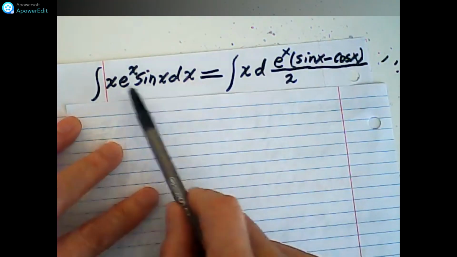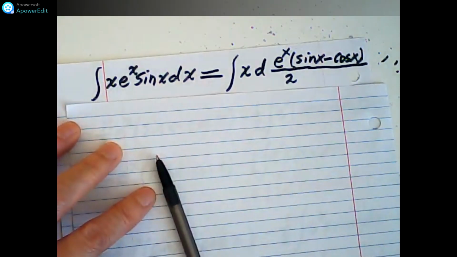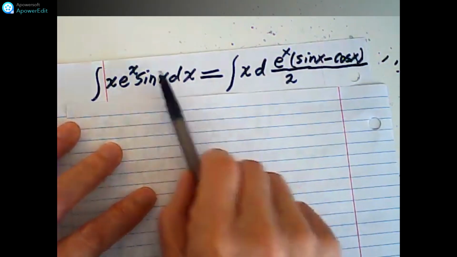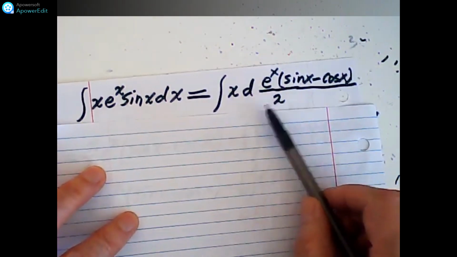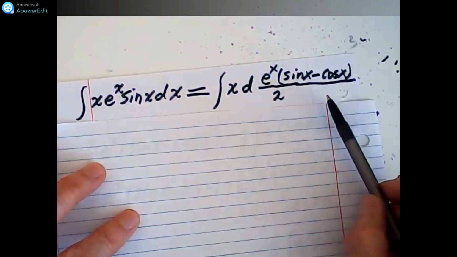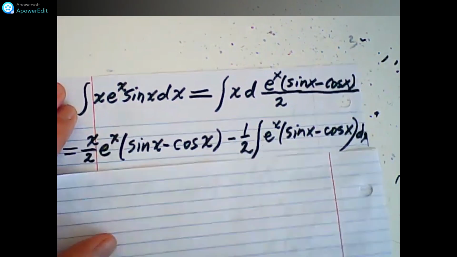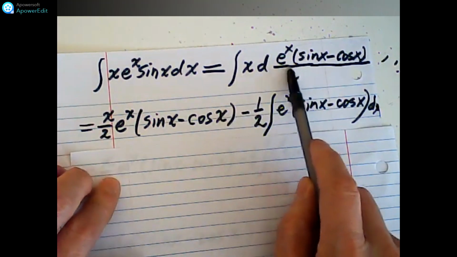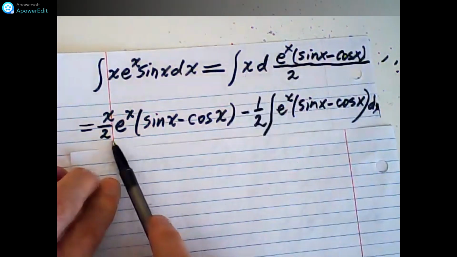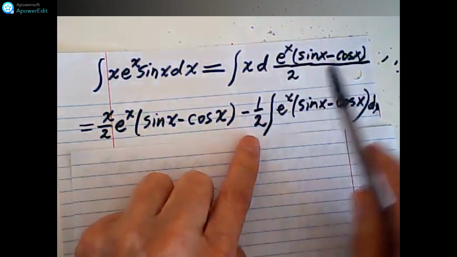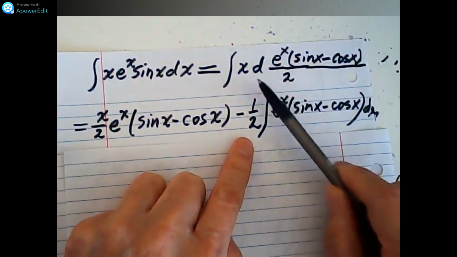Okay, so in other words, I rewrite this integral into this form. So the method of integration by parts can be followed. This is u, this is dv. So uv is v times u, which is this, minus the integral of v du.